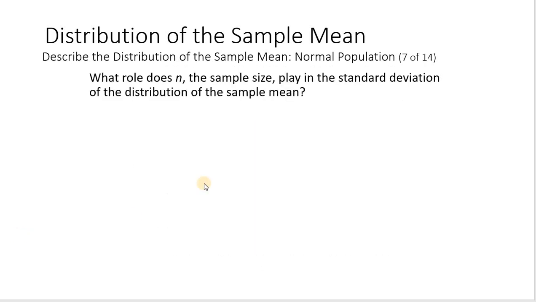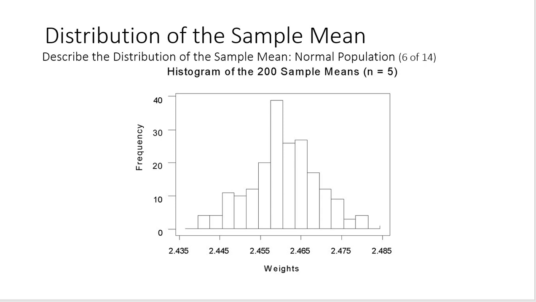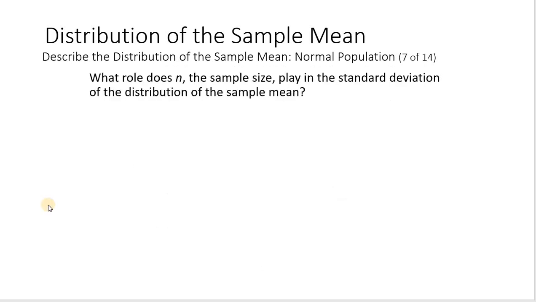Because the original population of pennies minted after 1982 was normally distributed, the distribution of sample means that resulted from it was also normally distributed.